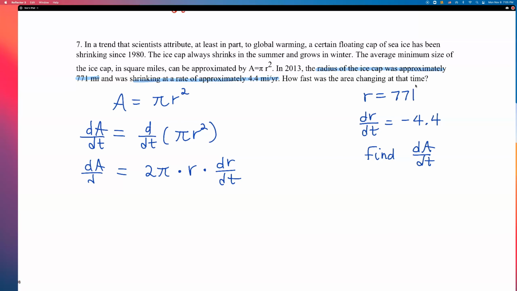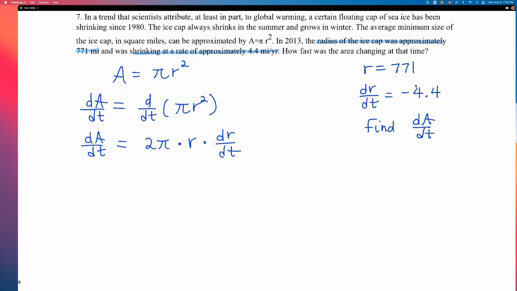And we did this one above, I think number 4-ish. So this is something that we did in the other problem. So let's plug in everything we have. I have my 2, I have my pi, r was given as 771, and dr/dt was given as negative 4.4.